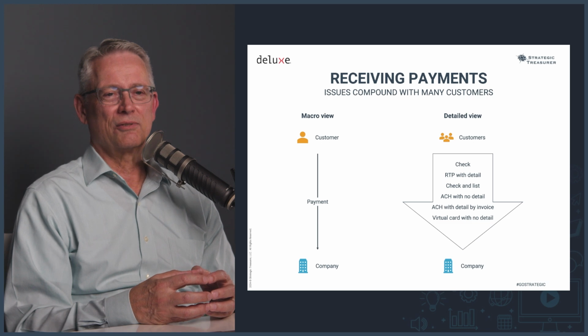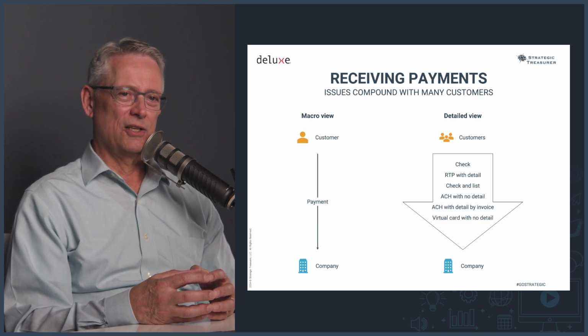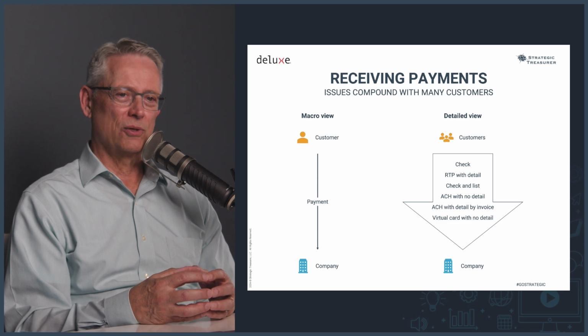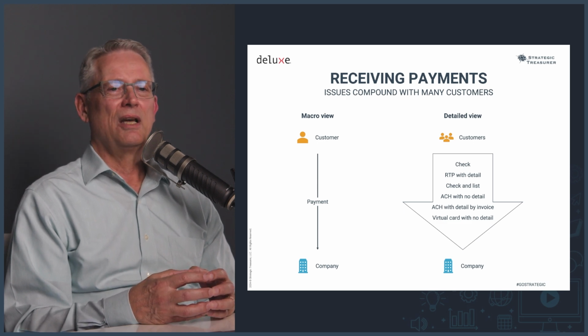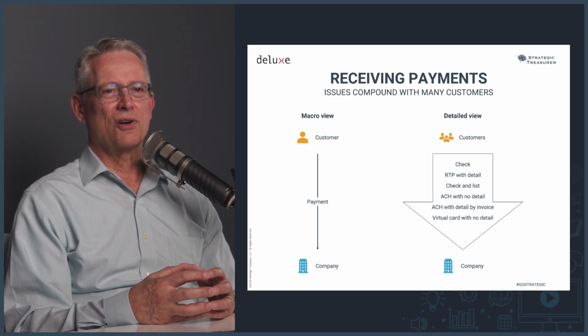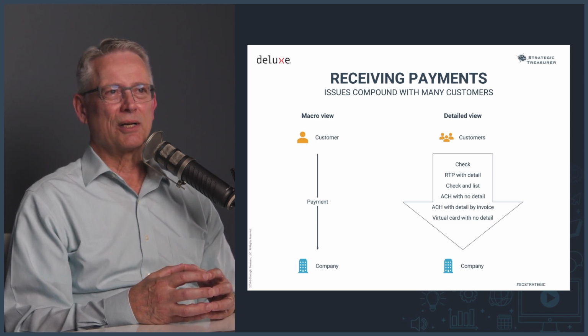There are several solutions out there that don't even, you don't even need to tell it what to do. It will know what to do with each of these payment types. It just makes life easier, and also amps up the accuracy issue. One of the things we worry about from a cash application perspective is accuracy and speed, right?